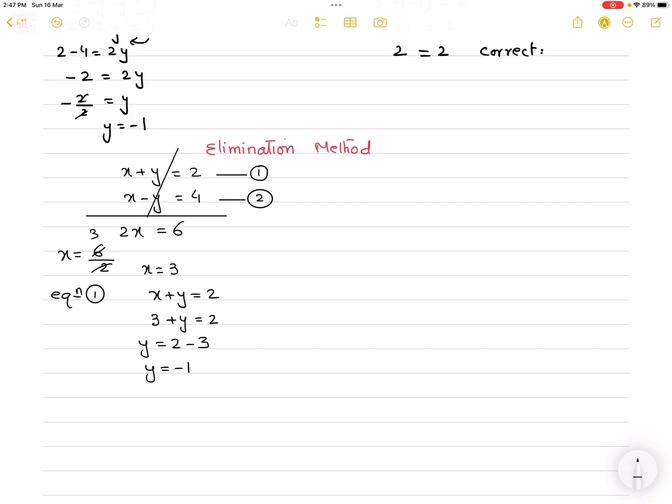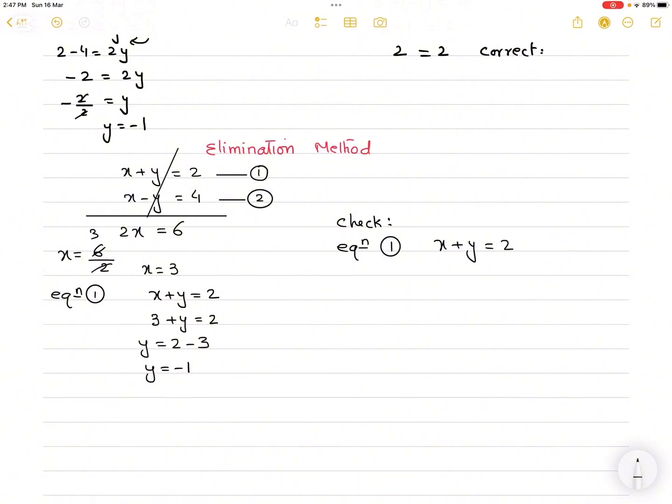Now we can check whether our answers are correct. So pick equation 1. You can also pick equation 2, whatever you like. x plus y equals 2.